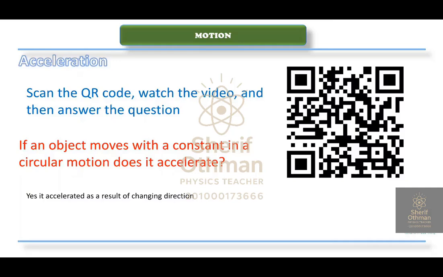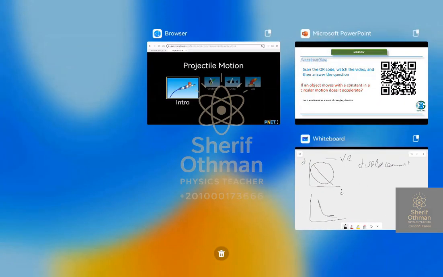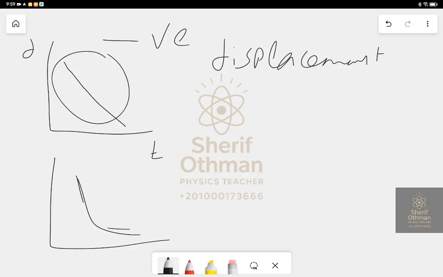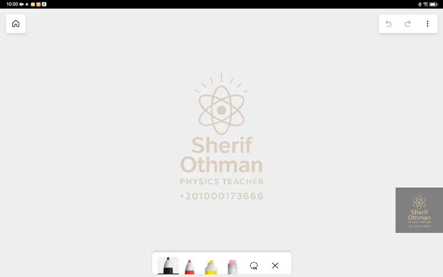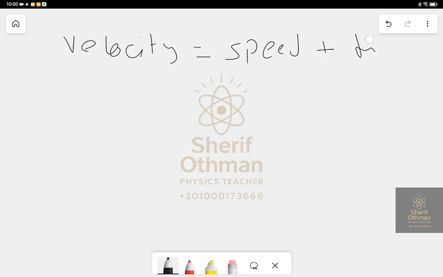Guys? Let's return back to the definition. We said before, velocity is the speed plus direction.